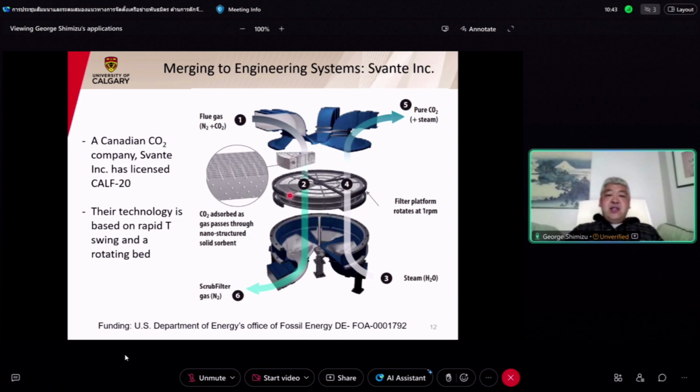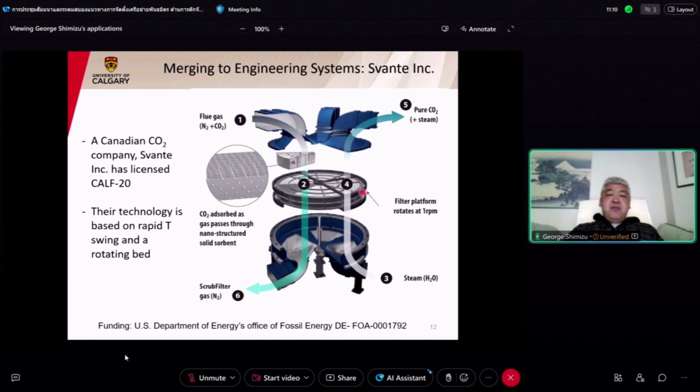So that is inside this wheel. When the flue gas comes through this wheel, the carbon dioxide is trapped in the MOF. So this is how the MOF is formed. And the scrubbed gas passes through. The wheel then turns, and the regeneration is done with a rapid treatment with steam.